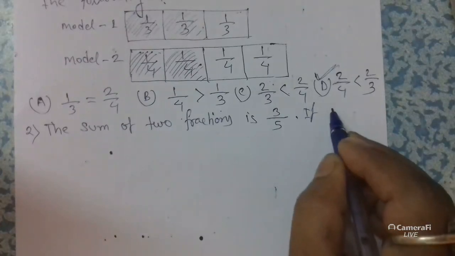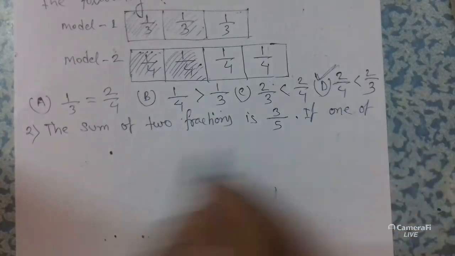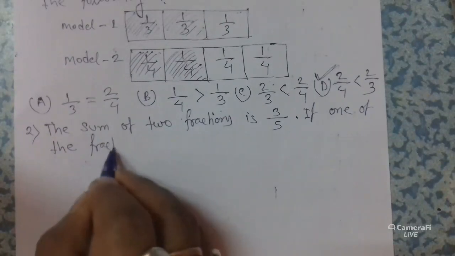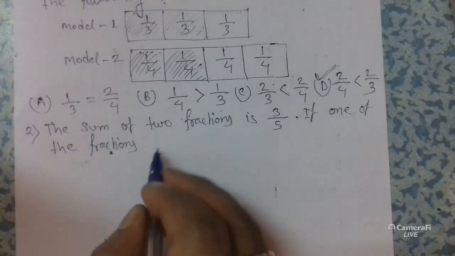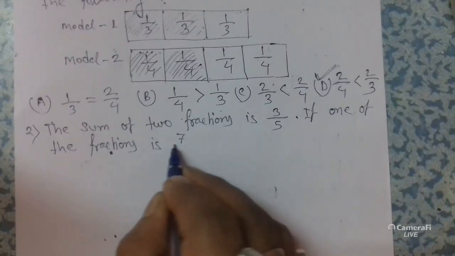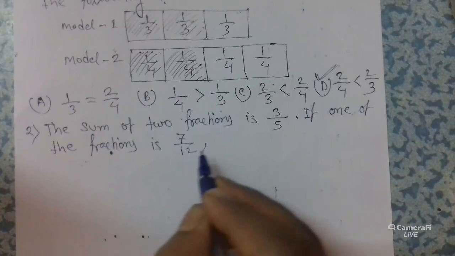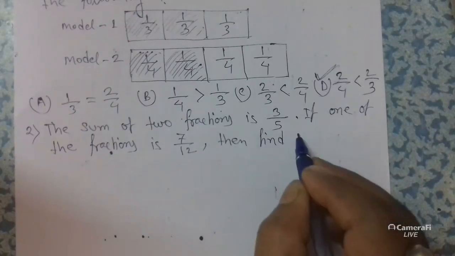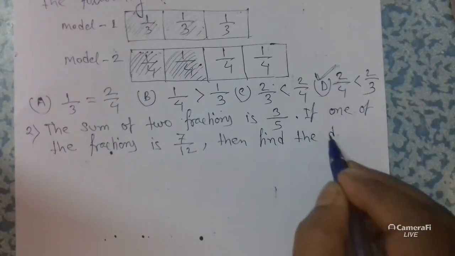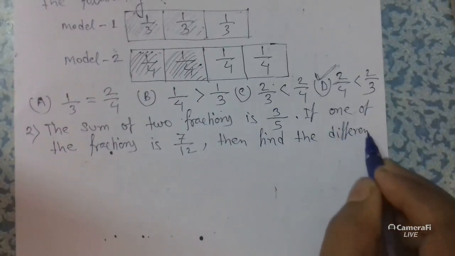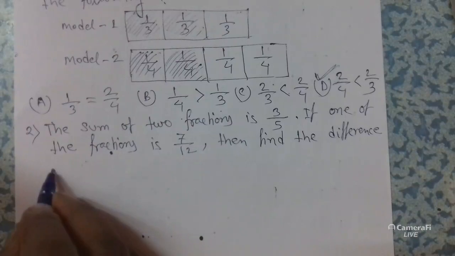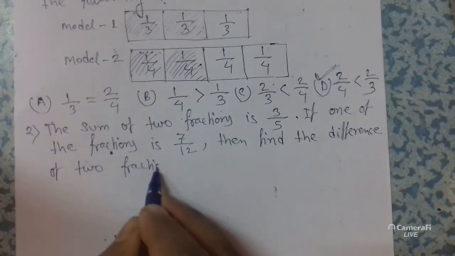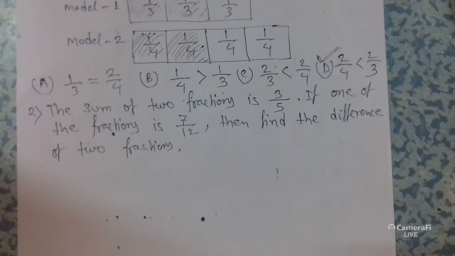If one of the fractions is 7 by 12, then find the difference of the two fractions.